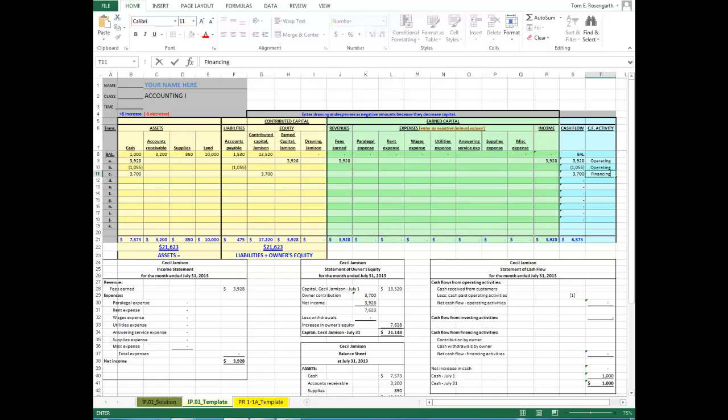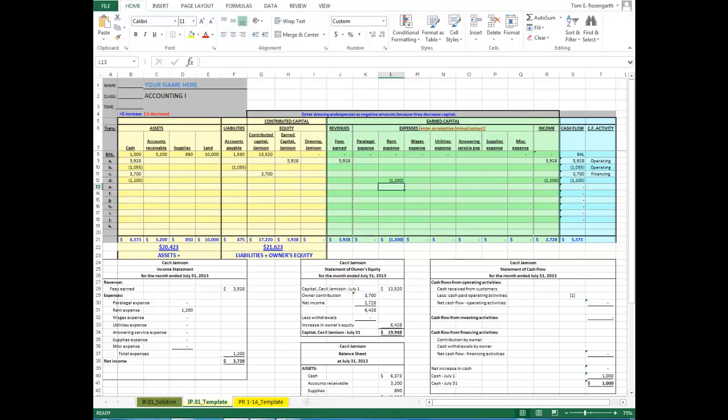Let's look at transaction D. Cecil Jameson's business paid office rent $1,200. Because cash was paid, cash will be reduced $1,200, and we will show rent as a negative amount because expenses reduce earned capital and reduce net income.